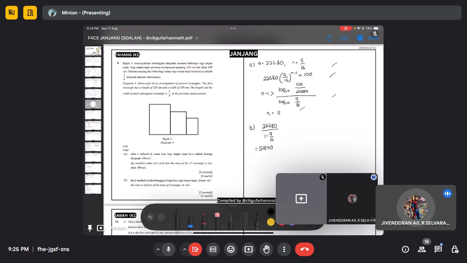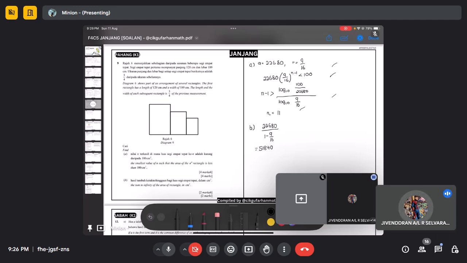This is a geometric progression because the question says 3/4 of the previous measurement. That means you are multiplying by 3/4 for each term. So it's a geometric progression, so you'll use ar to the power of n minus 1 less than 100.